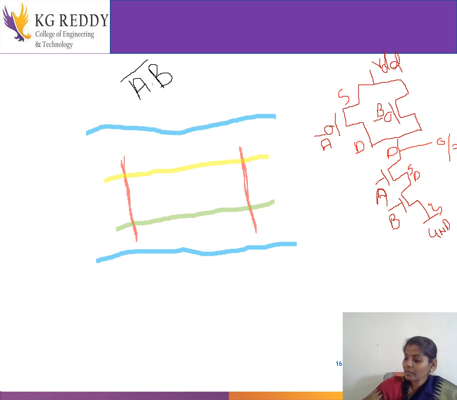Now we again look into the circuit, how we are drawing it. For A dot B, we will first represent this circuit using CMOS, and then we will draw its layout.